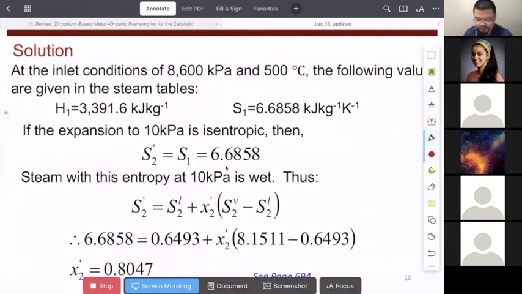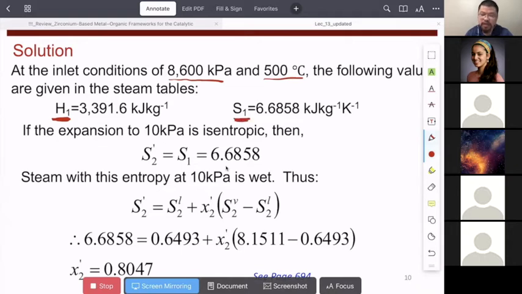So if we read the solution altogether, we have the known condition of the input P1 and T1. So we can quickly have the H1. H1 will be needed to calculate the delta H or delta HS of the isentropic process.